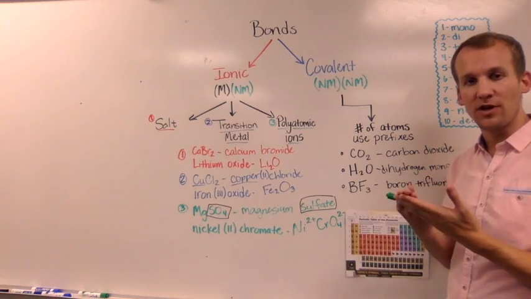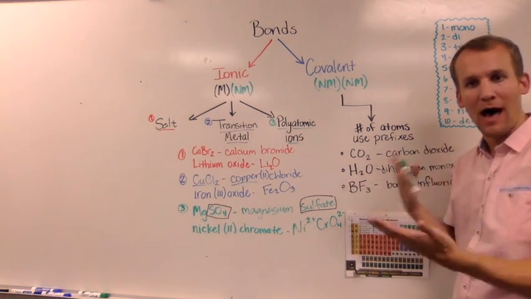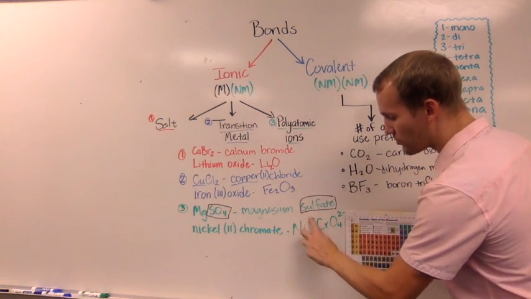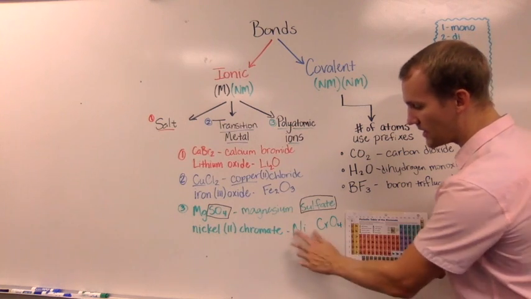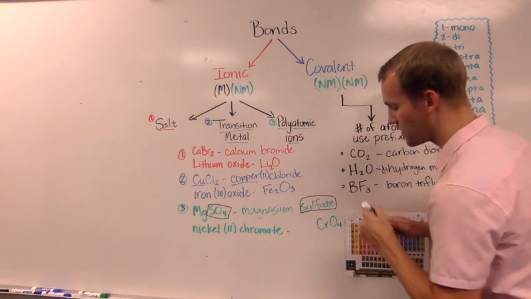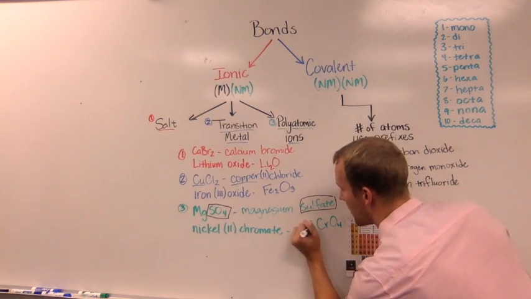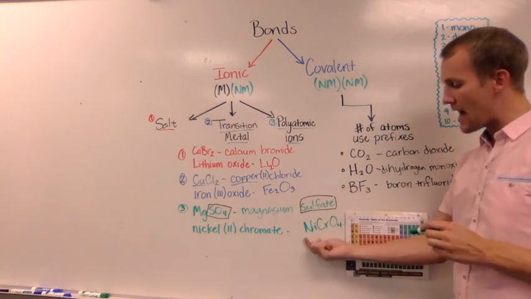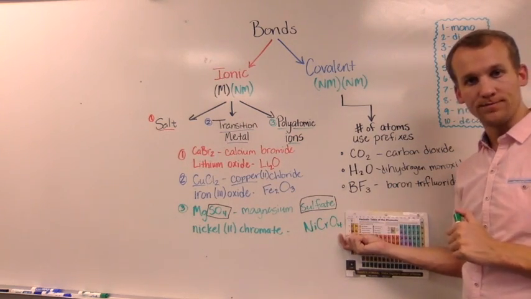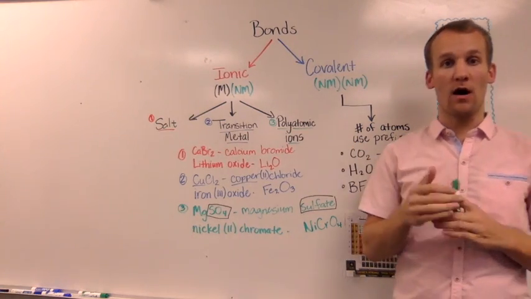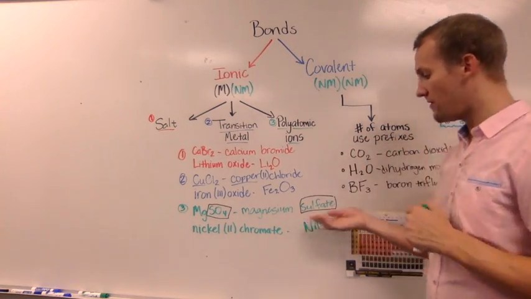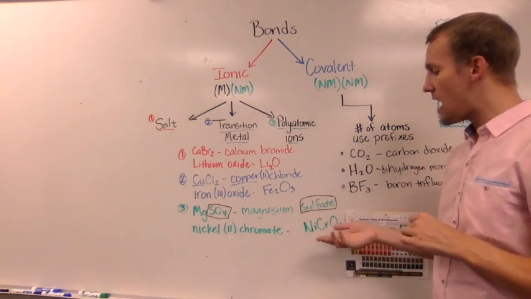They already balance each other out, so we don't need additional of either of them. We can just remove the charges, and our formula simply is NiCrO4.